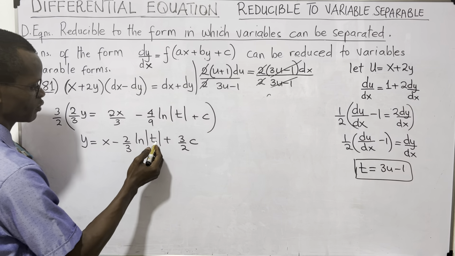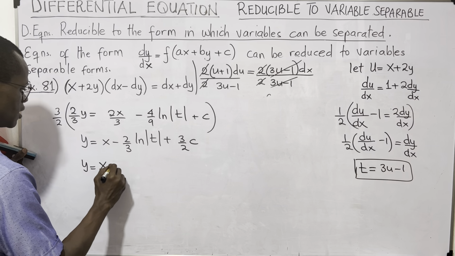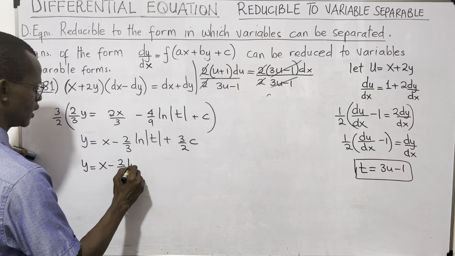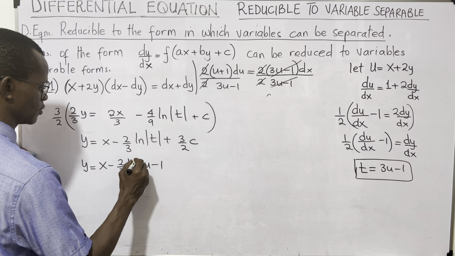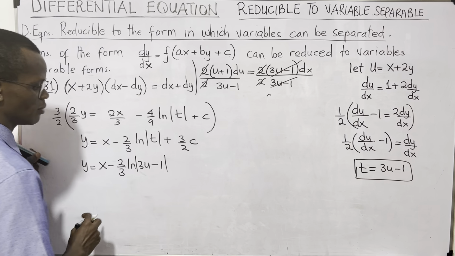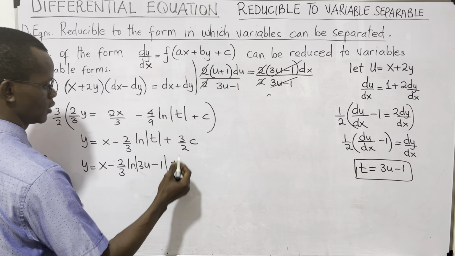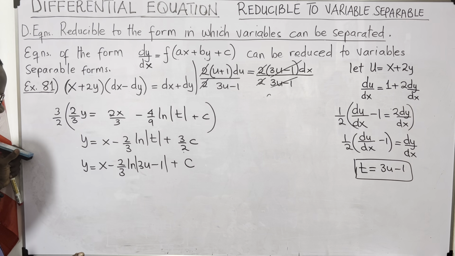Now, what do we do next? What is t? t is 3u minus 1. So y equals x minus 2 over 3 ln of 3u minus 1 plus 3 over 2c. We just represent it with some c.